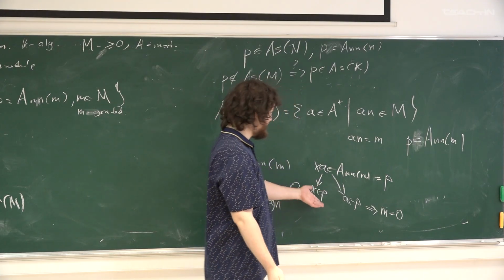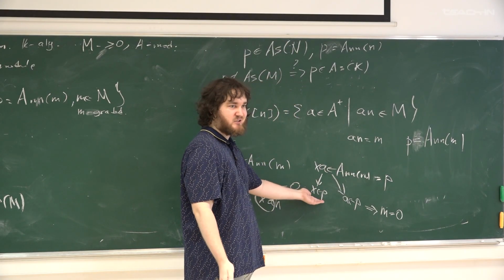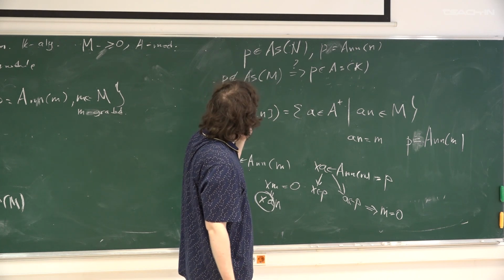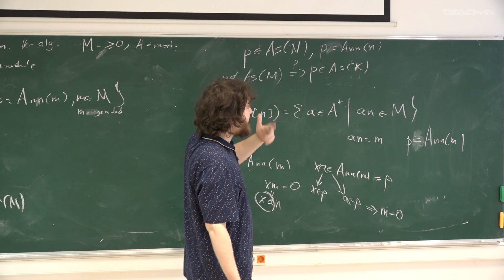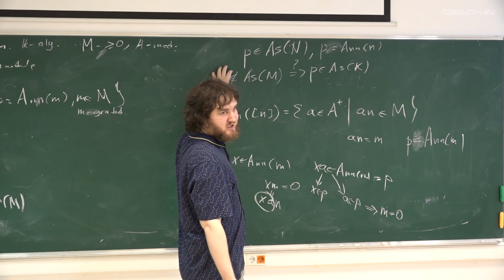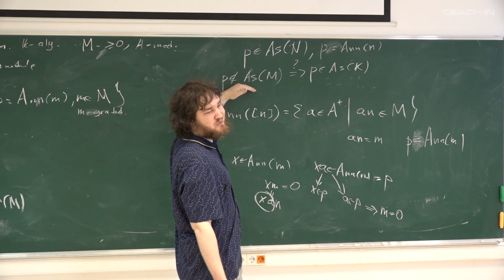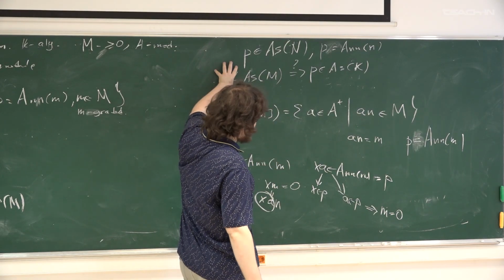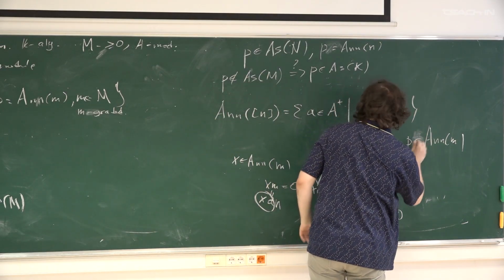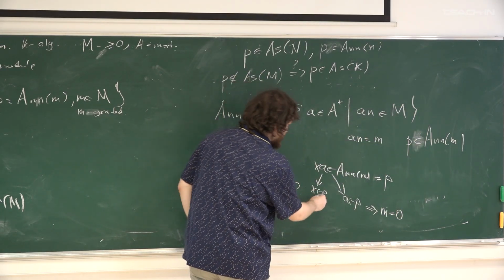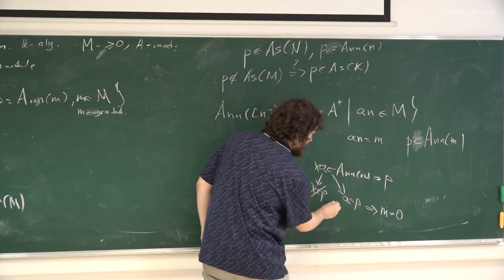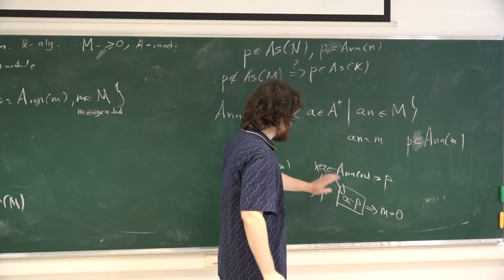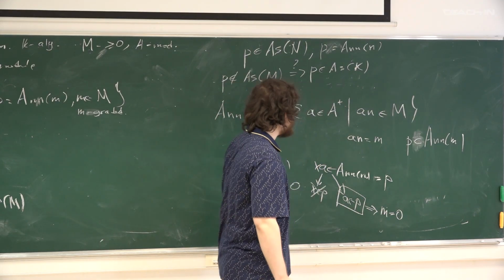It's obvious. But then this means that P is prime and the annihilator of some element of M, so P is from Ass(M). I claim that it's not. Or maybe I have this situation. But if it's not this situation, then it cannot happen. So there exists some x when this is not true. Then we obtain that m is 0 automatically. If I have only one such situation, then I obtain that m is 0.